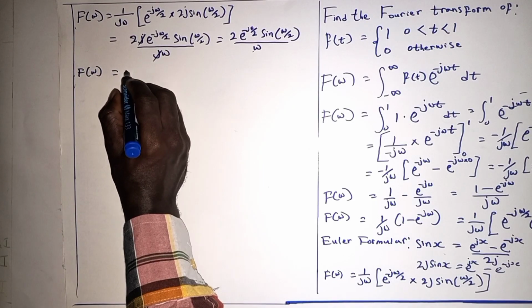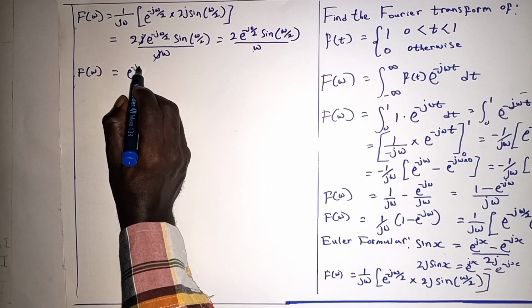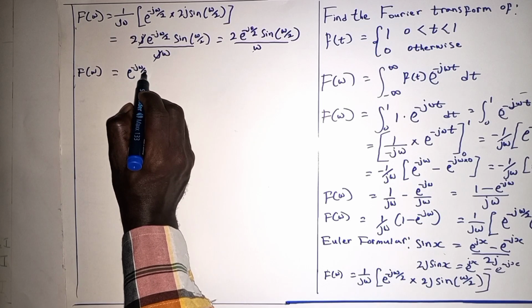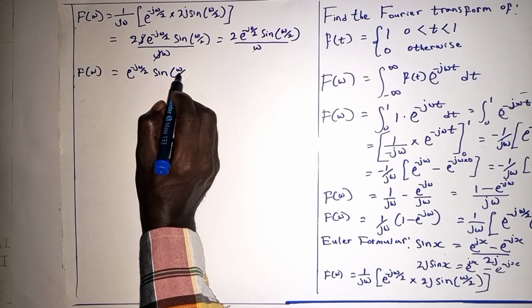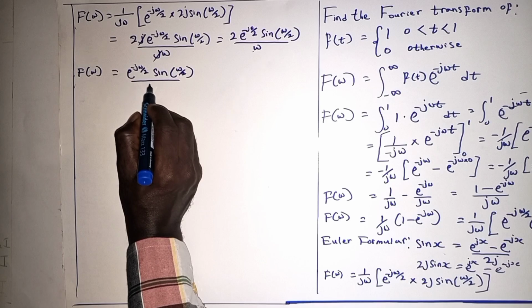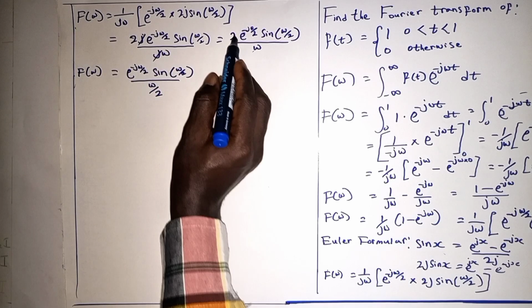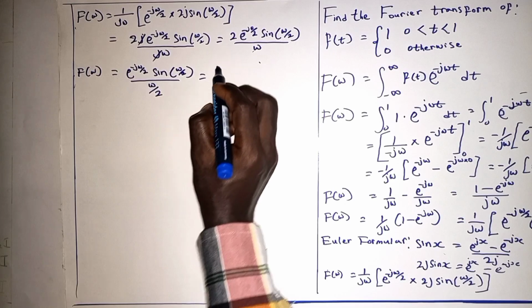Then since this 2 is here, I can write this as fw is equals to exponential jw over 2 sine w over 2. This I can write this 2 as this. Then I can split it up.